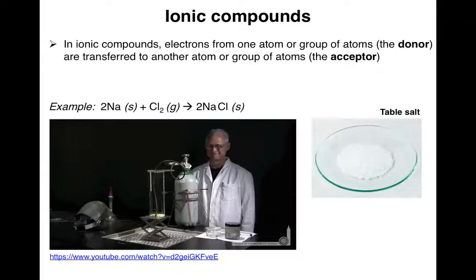Initially, sodium atoms in the metal have all of their electrons. Because the number of negatively charged electrons is the same as the number of positively charged protons in the atomic nucleus, the net charge of the sodium atoms is zero. Because the two chlorine atoms in the diatomic molecule of chlorine gas are identical, the electrons in the chlorine molecule are equally distributed between the two atoms.